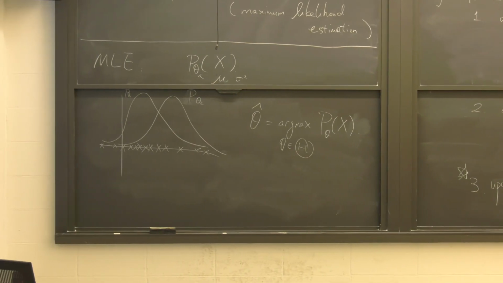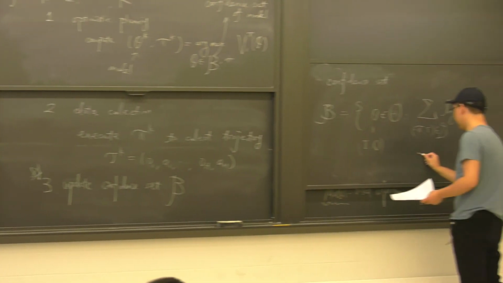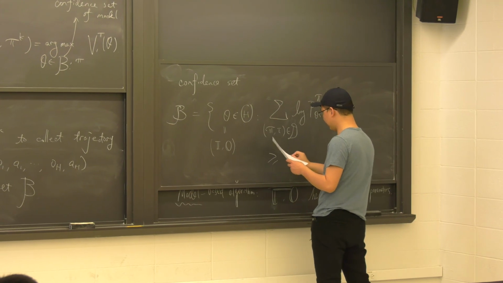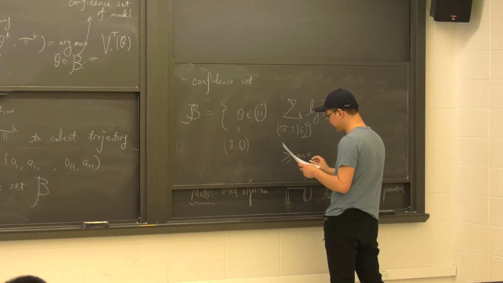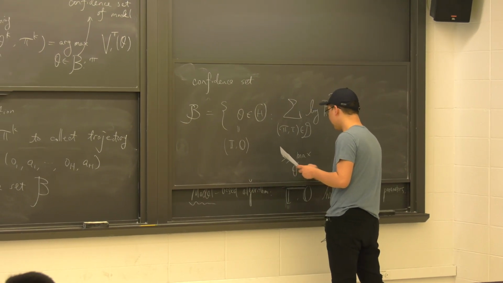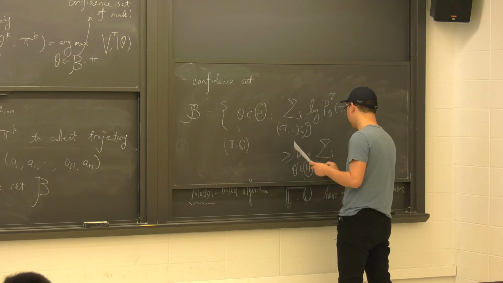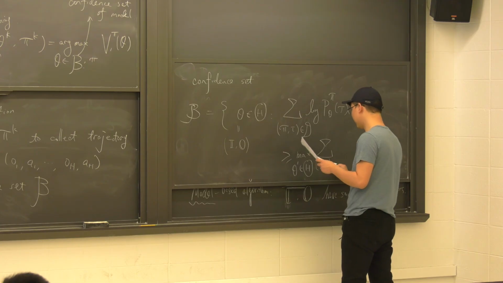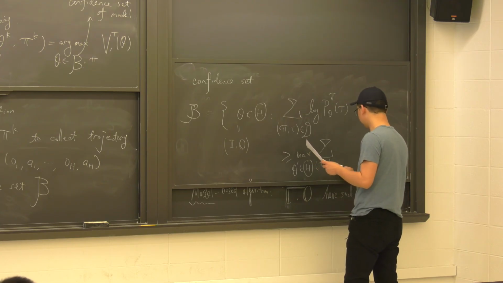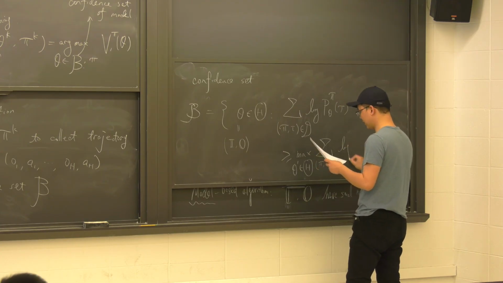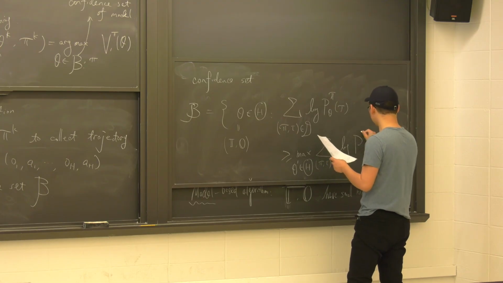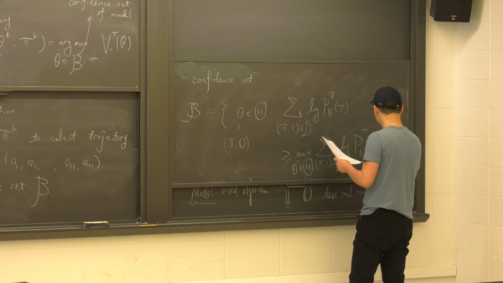This likelihood will be greater than the maximum likelihood, max over theta prime in Theta, of the summation over pi, tau in D of log P^pi_theta' of tau, minus beta.